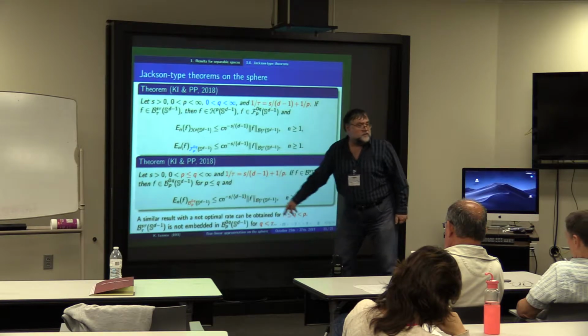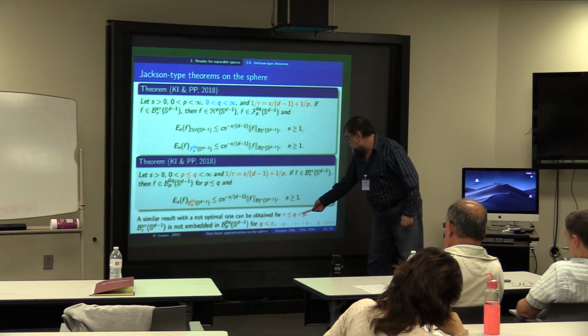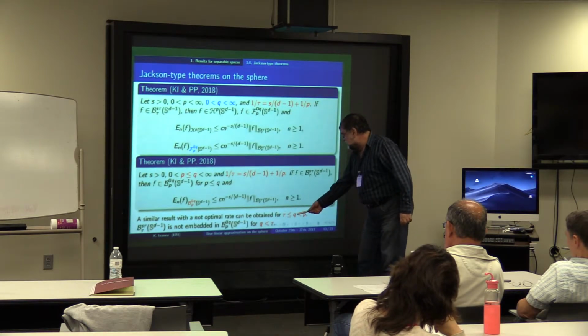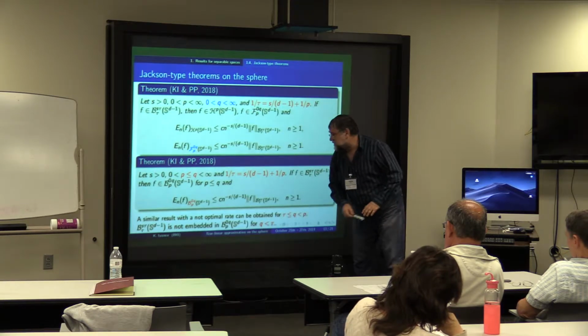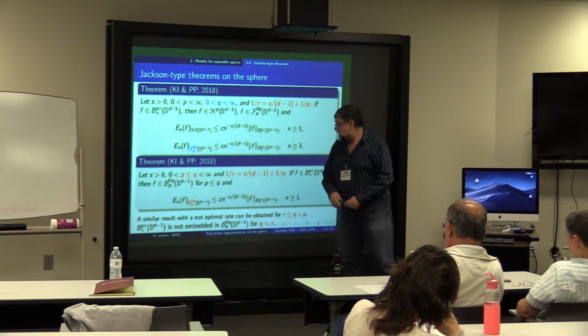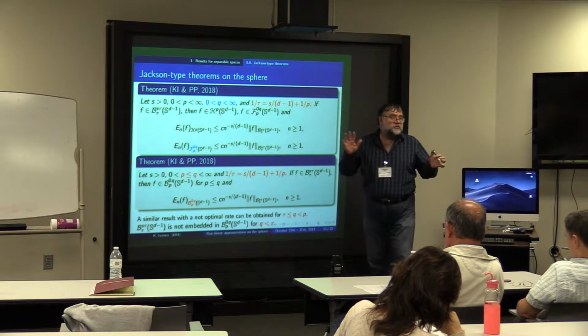The optimal order is going to be something smaller. And so, q bigger than p, q smaller than p but bigger or equal to tau. And whenever q goes smaller than tau, you don't even have embedding of this Besov space in the other one. So you cannot have approximation.